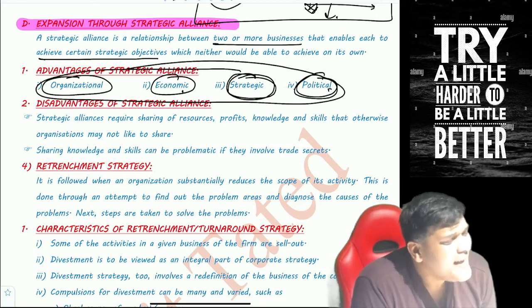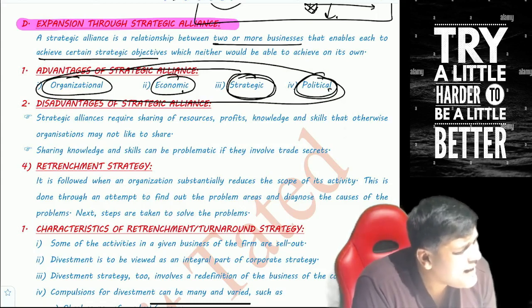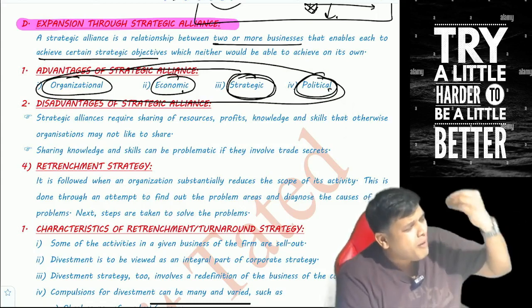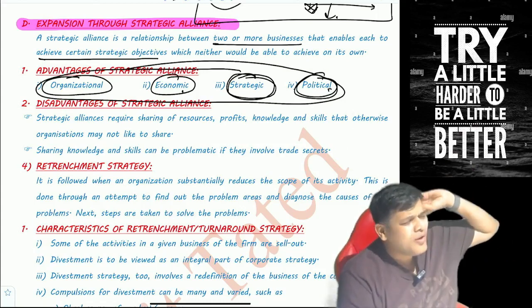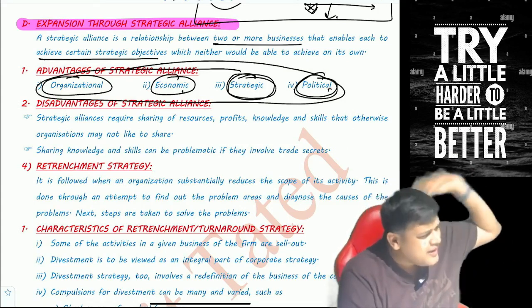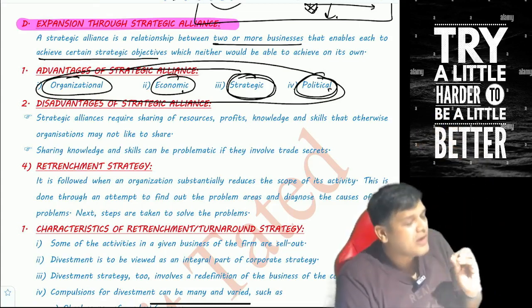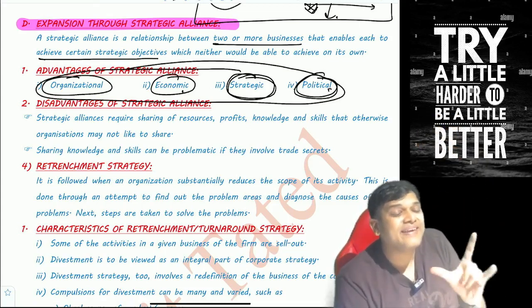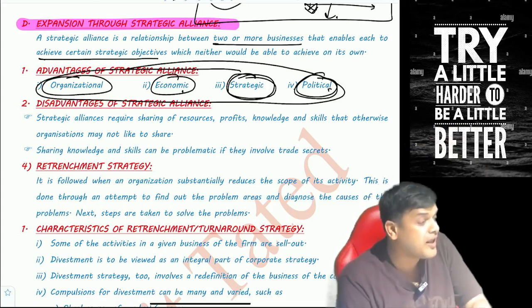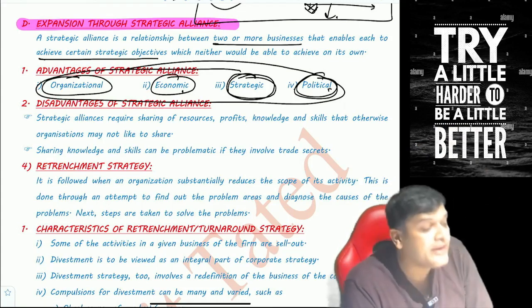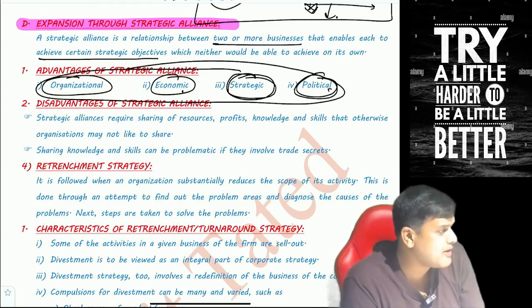You are already aware of how much importance agreements are given. They will say, go to court, I copied Neha, I'm not worried, I will see you in court. Eighteen, twenty, twenty-five years, a big problem. Therefore, trade secret sharing in strategic alliance is a big problem, and we need to share because we enter the alliance for that purpose only. This is the biggest problem we may come across.